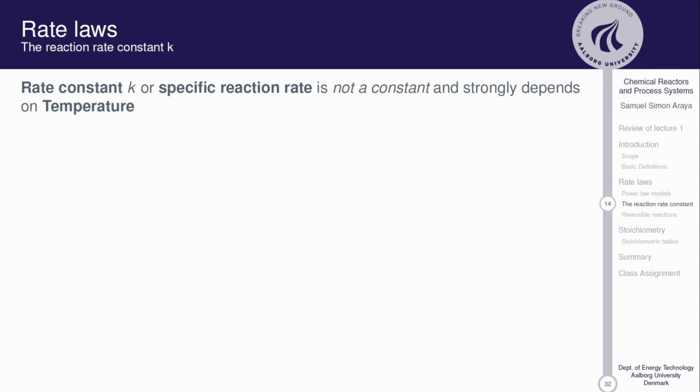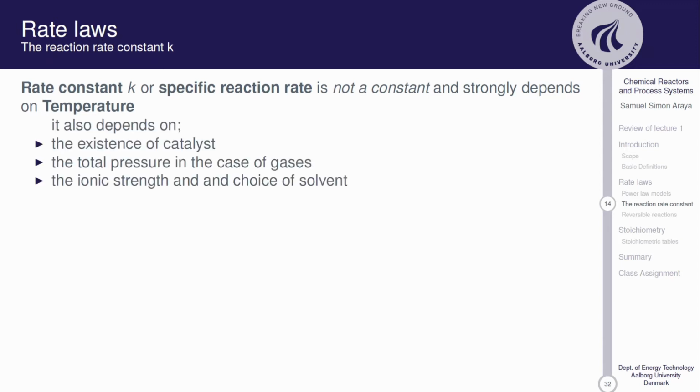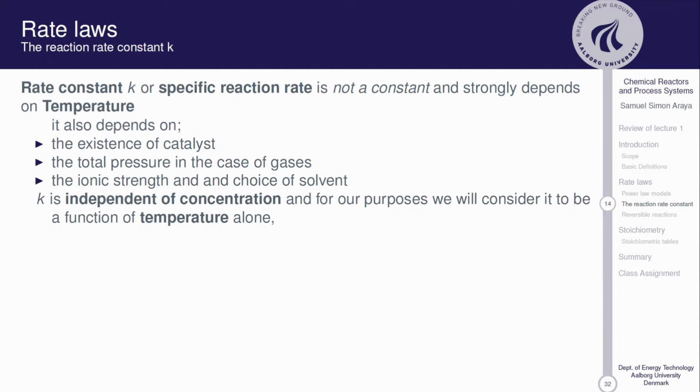It actually heavily depends on temperature and other parameters, such as the presence or not of a catalyst, and the total pressure of the gases in the case of gases, and the strength of ions and choice of solvent in the case of liquid reactions, and so on.